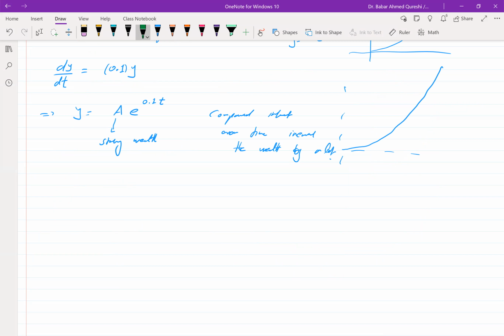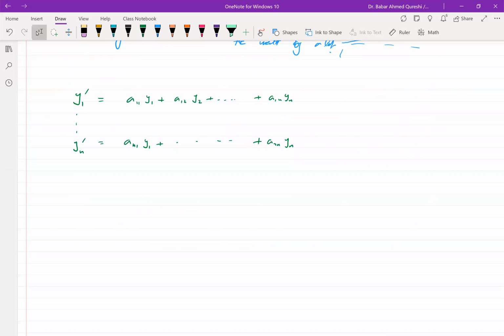So in a similar situation, when you have many variables, let me just quickly write, you have more than one variable, and you have equations of this kind, which I was writing as y dash is equal to A y, where these y's are the arrangements of these functions in the column.